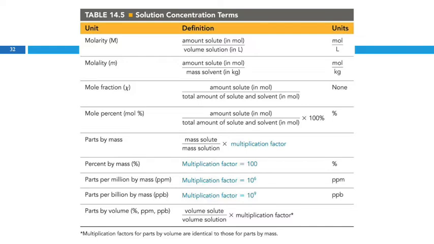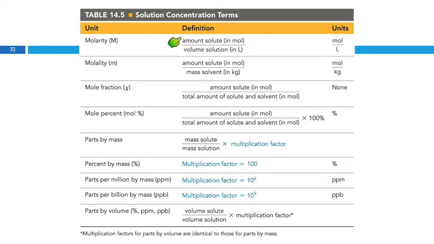It also depends on how much stuff is in the water, how concentrated or how diluted it is. Down here, things like parts per billion, that's what you might see in the water report that the city sends out. It tells you how many parts per million or parts per billion these various things are in the city's tap water. So molarity is one we've been using.